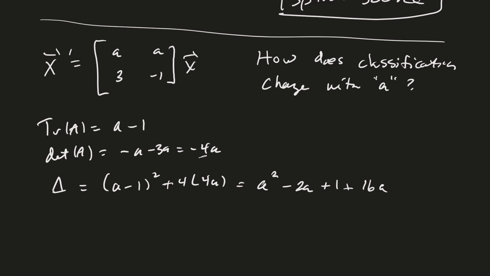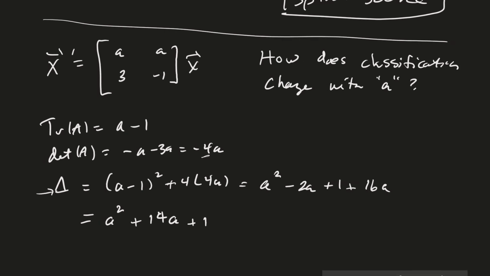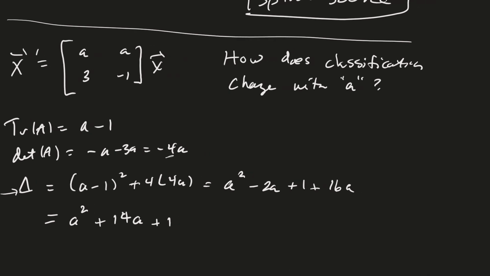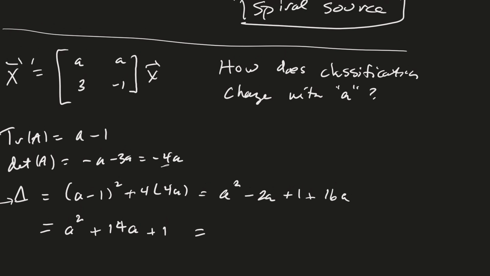Okay, so now I'm going to rewrite that. I'm just simplifying this a little bit because as it turns out, I'm going to want to know where this parabola is equal to 0, because that's where the discriminant is equal to 0. So it might be handy to have this written in a factored form or complete the square. Half of 14 is 7, squared is 49.